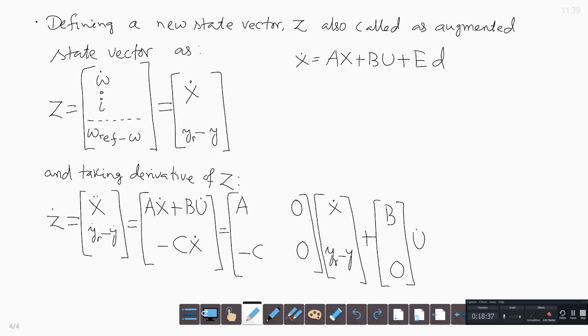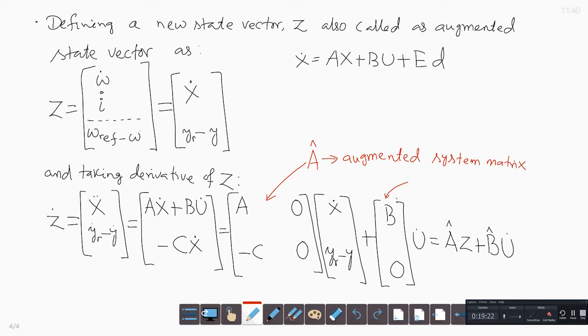So these we represent as the augmented system matrix A hat times the augmented state vector Z, plus the augmented control matrix B hat times u dot. This matrix, of dimension n cross p, is considered the augmented system matrix A hat, and this matrix is the augmented control matrix B hat.